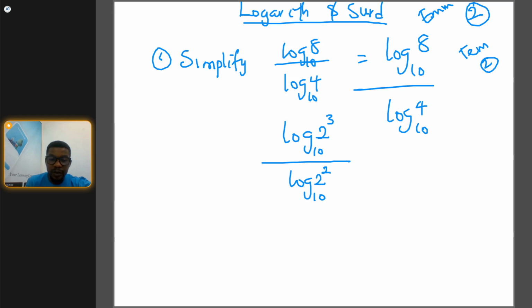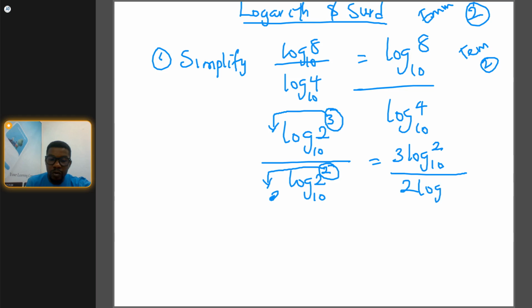Are you following? So using the law of logarithm, this power comes to the front. We have 3 log 2 base 10 over 2 log 2 base 10. Are you with me?